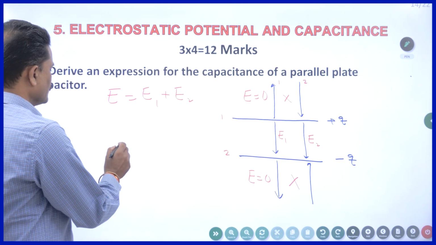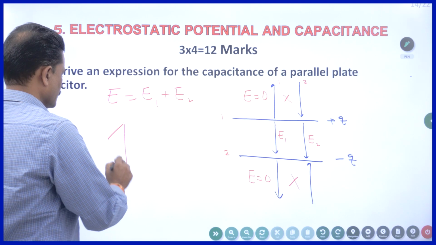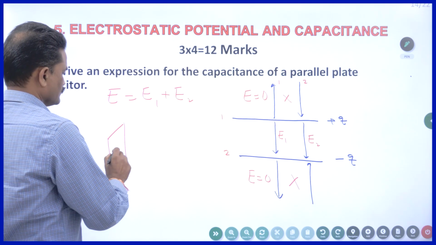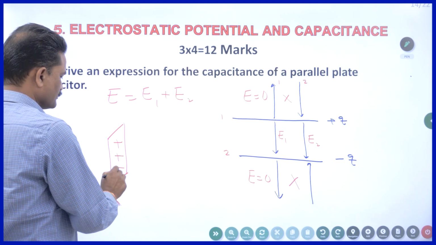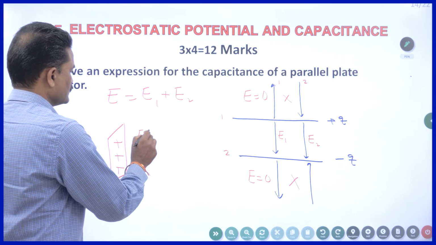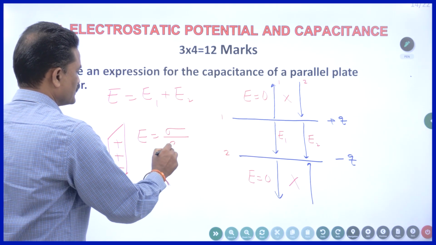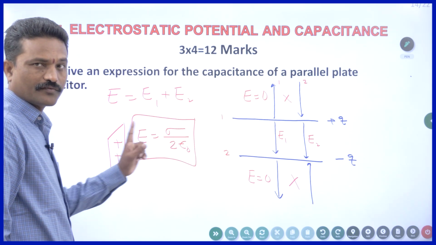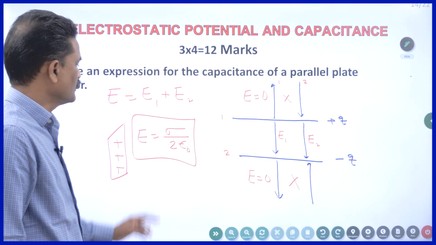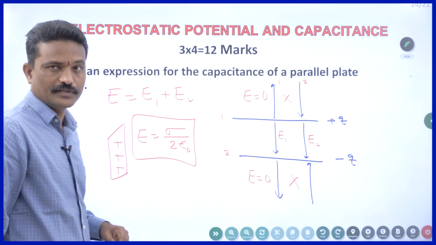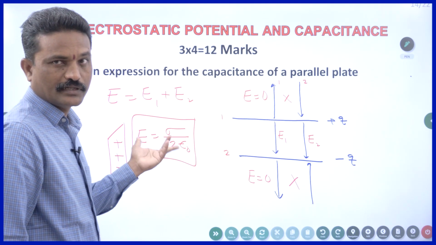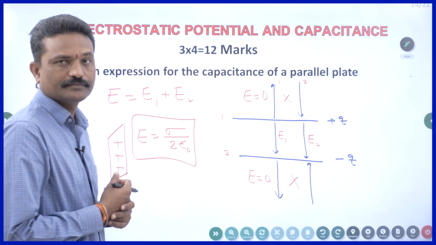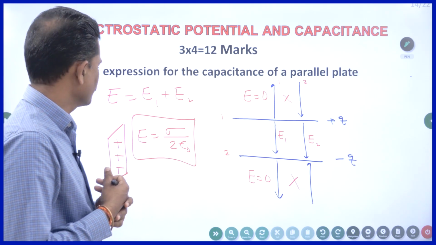The expression for the E due to a charged plate, for example this charged plate, is given by E is equal to sigma by 2 epsilon naught. You are supposed to remember this. There is a derivation in the textbook for this also. If you want, you can see my previous videos done on the senior intermediate syllabus, not under mark scoring videos.